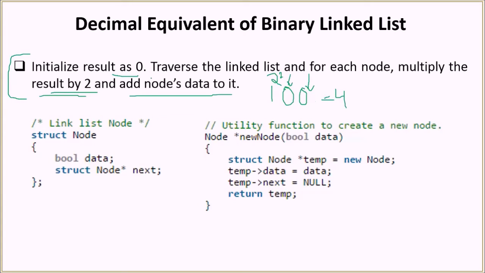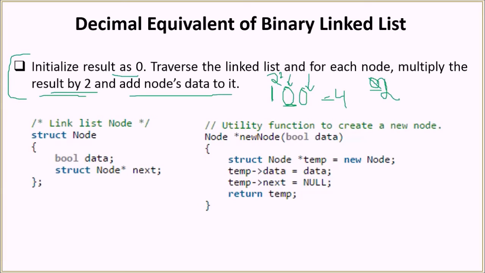Here also, we initialize the decimal value as 0. Then we multiply the result by 2 and add the node's data. So we multiply 0 by 2 and it remains 0. Then we add the node's data, that is 1. So this becomes 1. Now we come here, multiply this by 2, so it becomes 2.